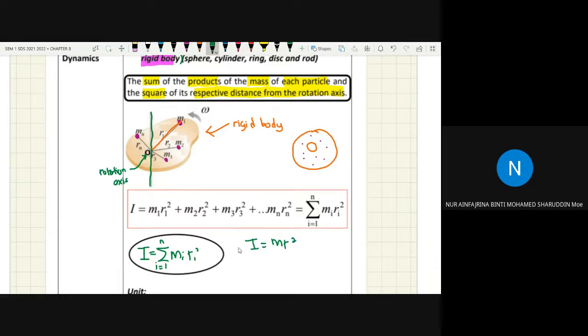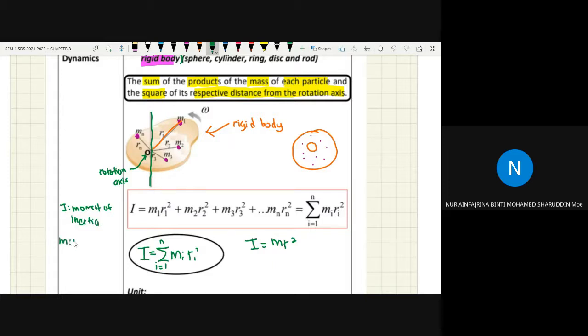That's all. Where I is the moment of inertia.